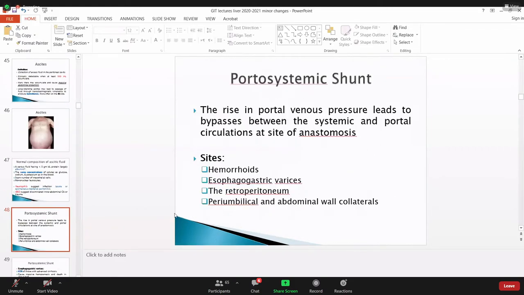Portosystemic shunts, زي ما حكينا إذا بتذكروا لما حكينا على esophageal varices, there are multiple areas فيها connection between the systemic circulation and the portal circulation.